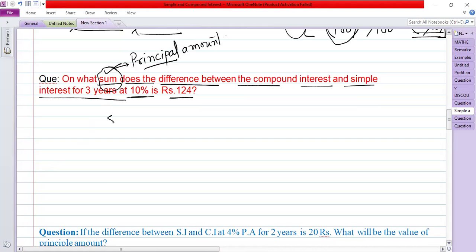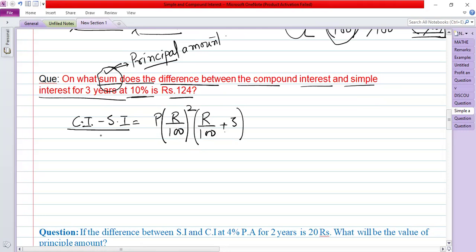So obviously, CI minus SI was P (R by 100) whole square, then (R by 100 plus 3). This was the formula. Now this difference is given to be 124. P we have to calculate, and R is 10. So 10 by 100 square, and again 10 by 100 plus 3.